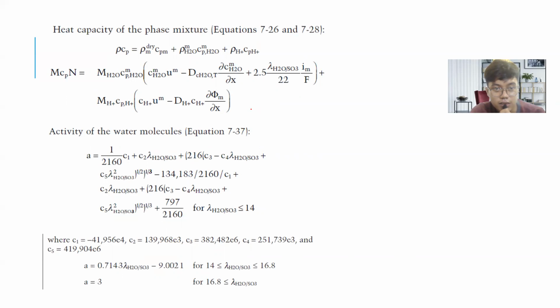The heat capacity, we also have to calculate the heat capacity of the mixture that contains hydrogen, water, and dry air or ambient air. This is the equation for the heat capacity of the mixture.